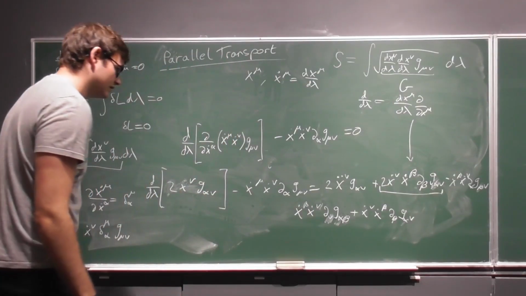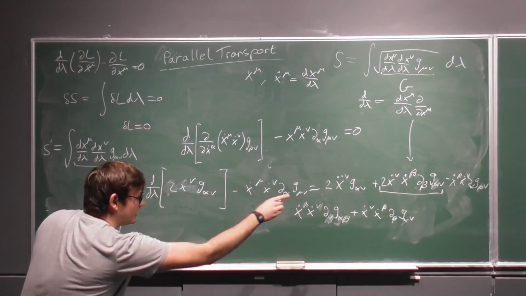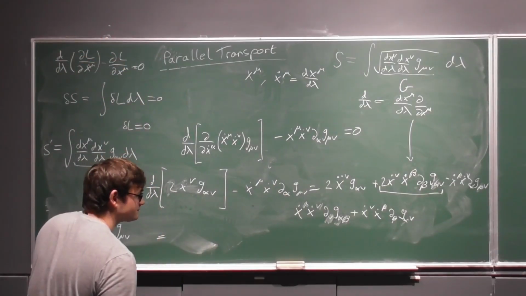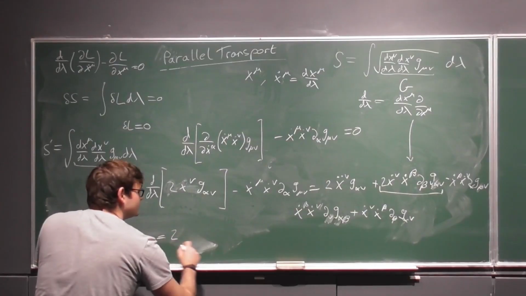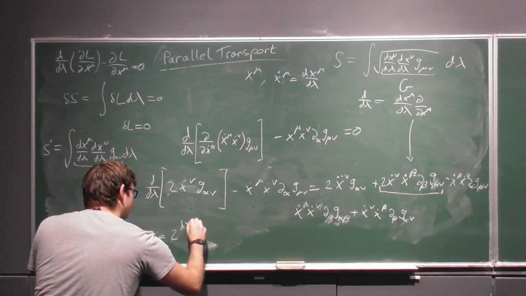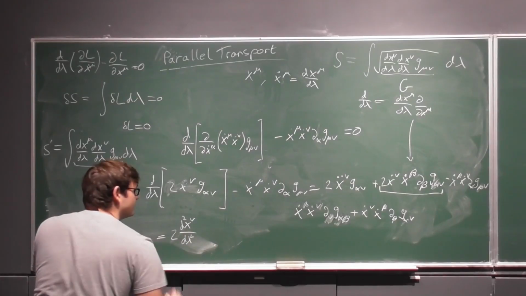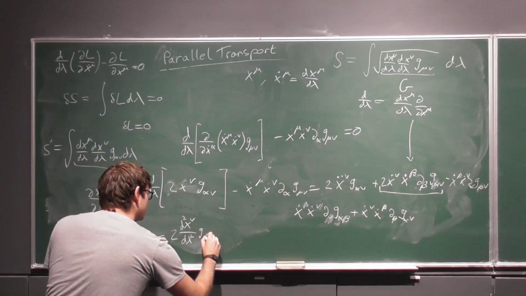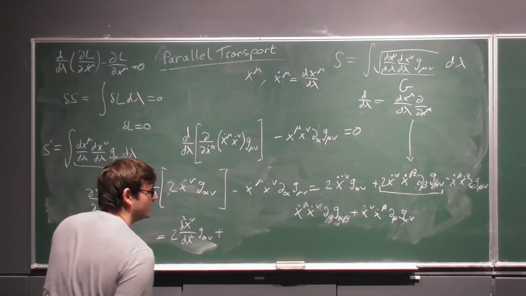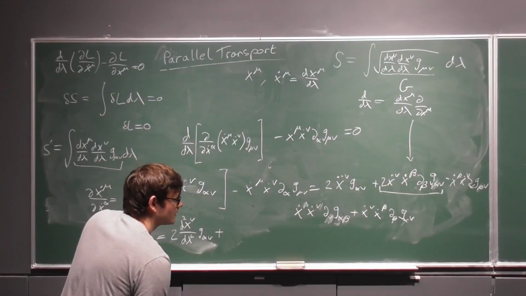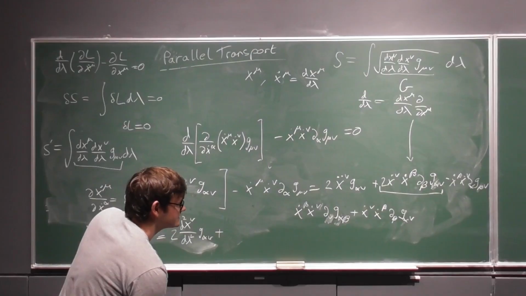Okay, almost there. So now we have that this expression over here is equal to 2 second derivative. Let me write it out, getting rid of the dots now. So d squared x nu over d lambda squared, g alpha nu, plus, then I want to make all of these the same, which they are.